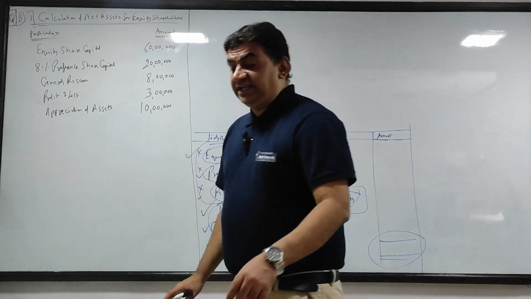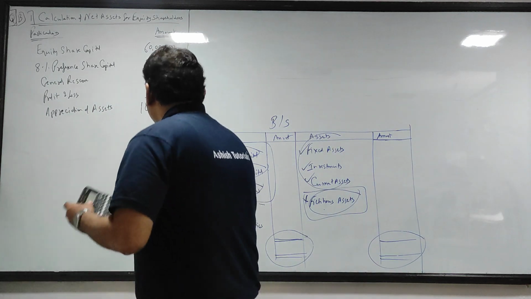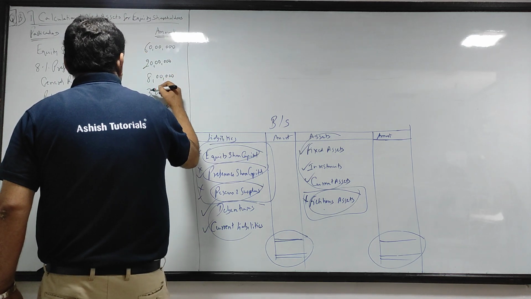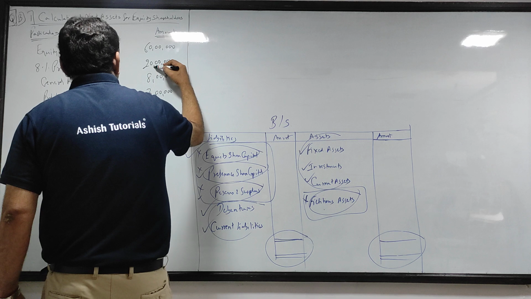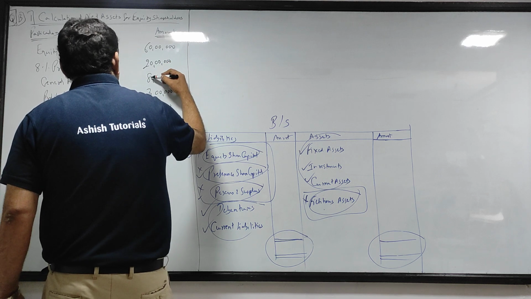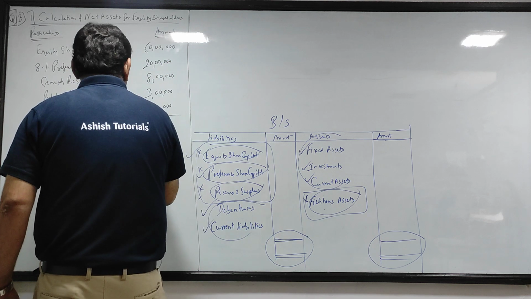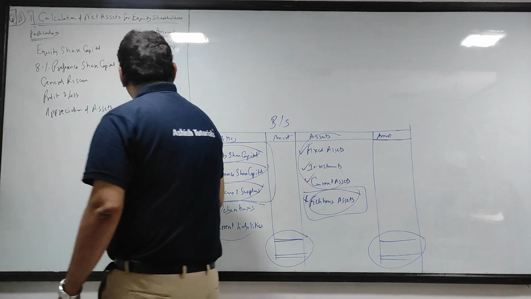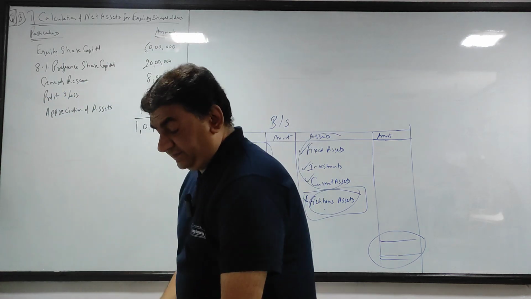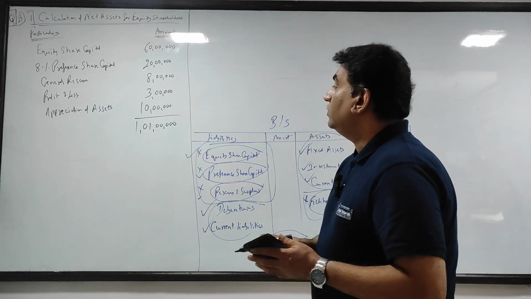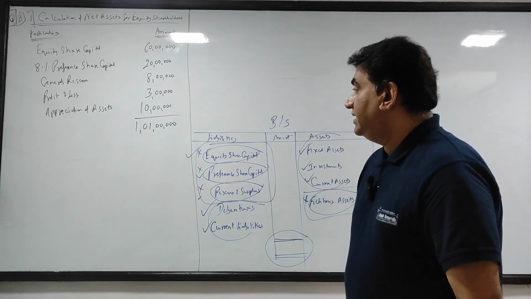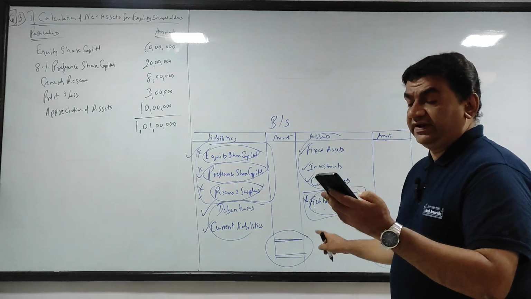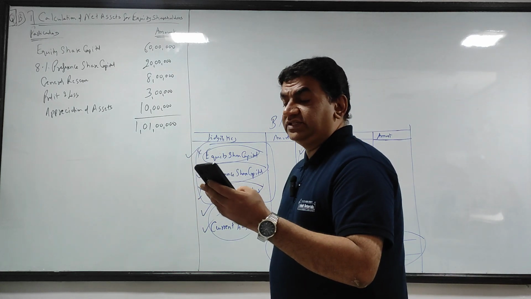Now what remains? Fictitious. So uske pehle let's take the total for better presentation. 60 and 20, 80, 88, 91, 101. 1 crore, 1 lakh. Okay. 1 crore, 1 lakh is my total, and from this, as I discussed, we will deduct fictitious. कितना है fictitious? 1 minute.